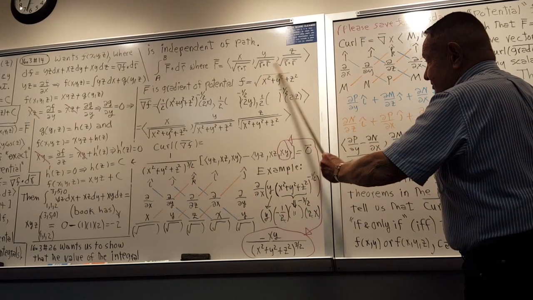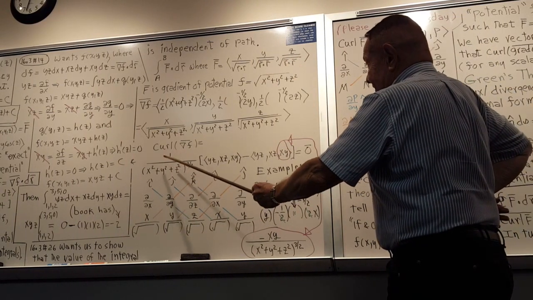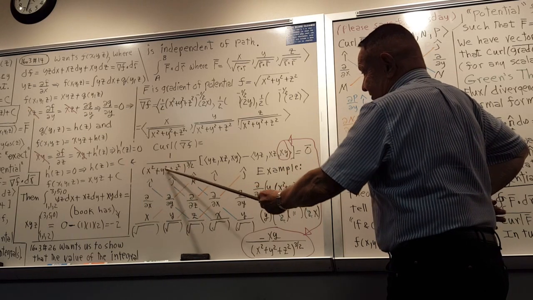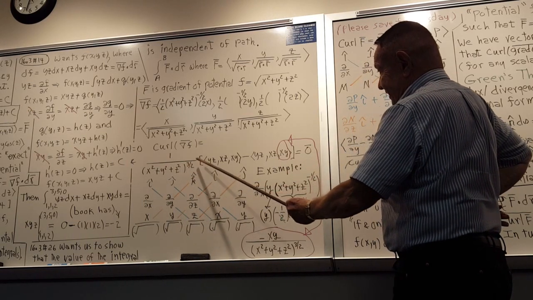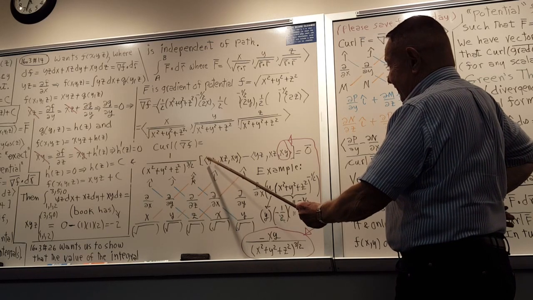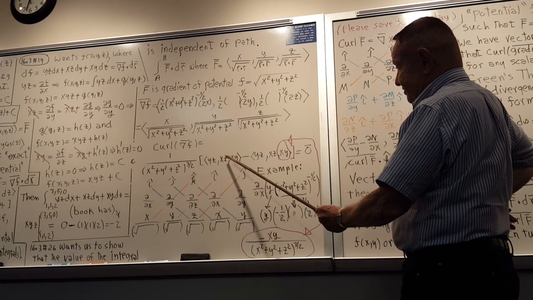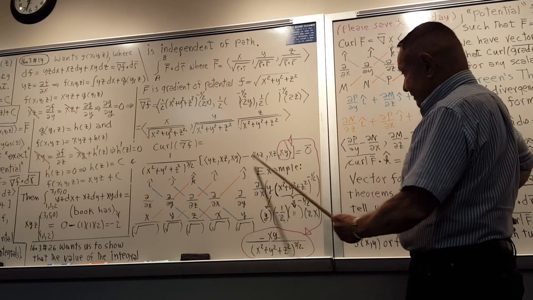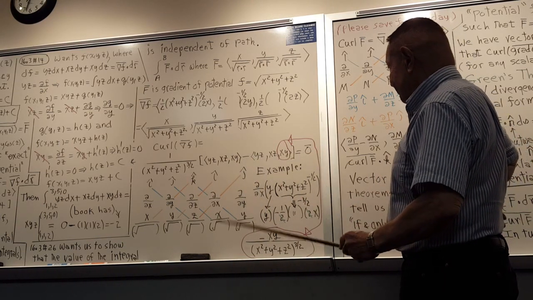So if you were trying to do that, what you will end up with is like this. The curl of this will give you the common factor 1 over the sum of these squares to the 3/2, and then the vector part, you'll have yz, xz, xy minus exactly the same thing. So of course you get 0.